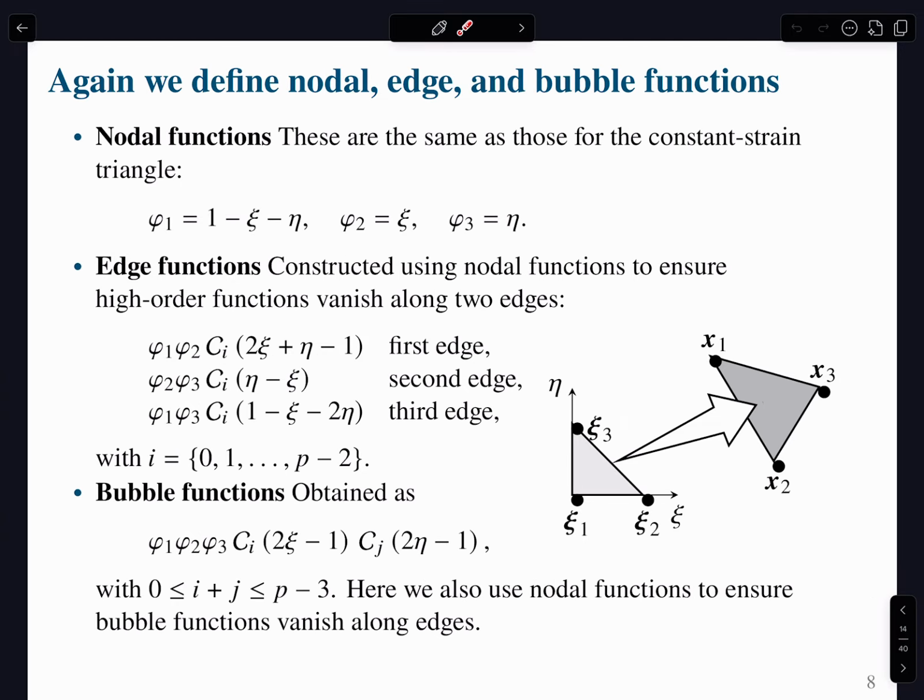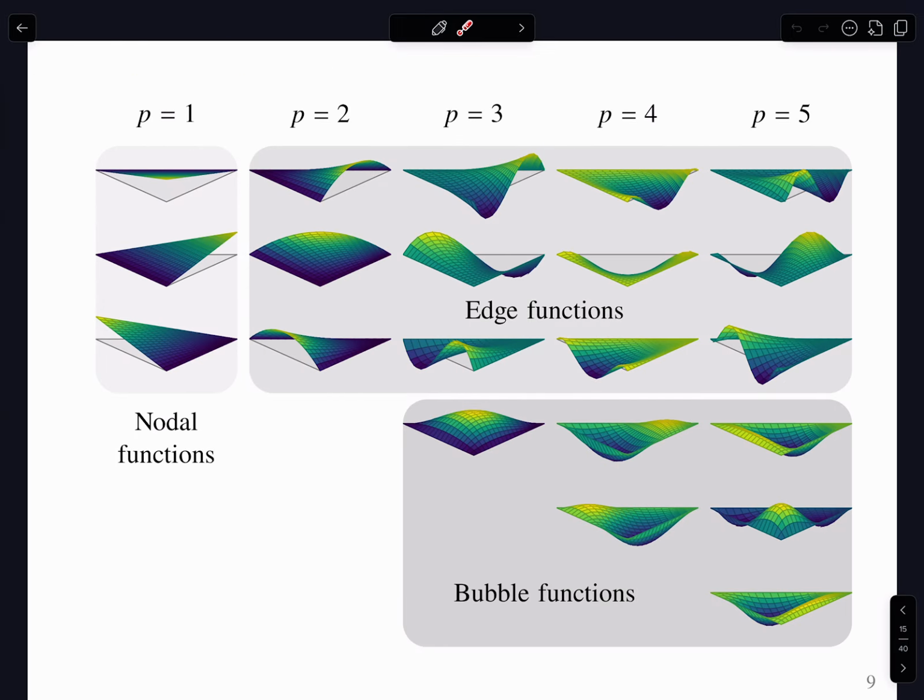And then finally, the bubble functions are built in a similar way. You have 3 functions, and by multiplying those 3 functions together, you ensure that the functions are going to be exactly 0 along the 3 edges. That is what originates this bubble type of behavior. This is the way the functions look like.